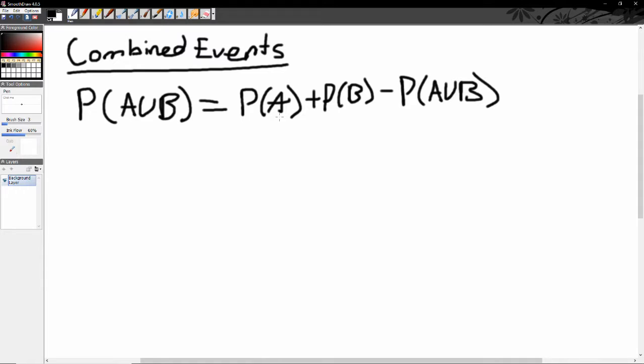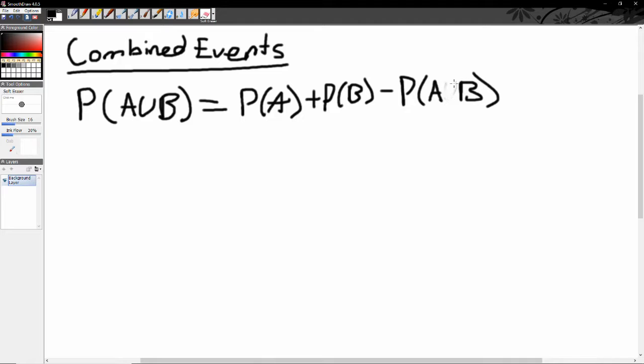So say, with our coin flipping and die rolling example, the probability that it lands on heads, that could happen. There's the probability that you roll a 1 on the die, that could happen. But then there's also the probability that both, I'm sorry, I wrote the wrong symbol here.